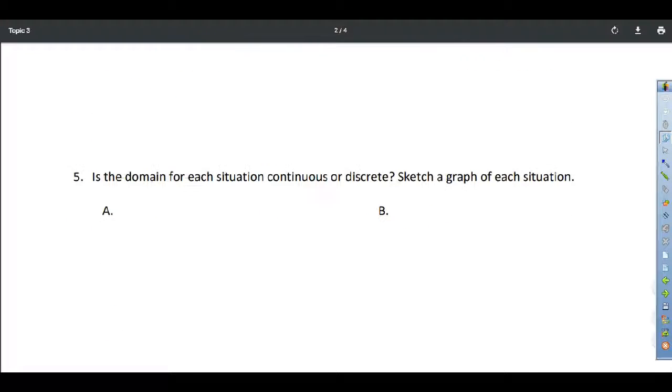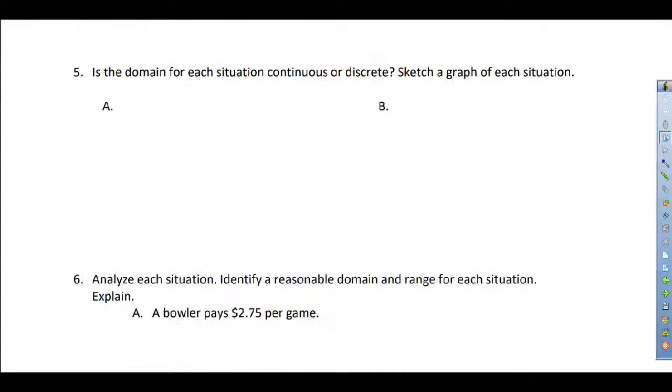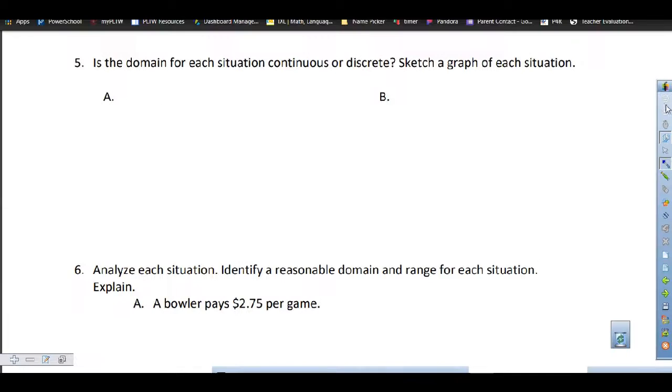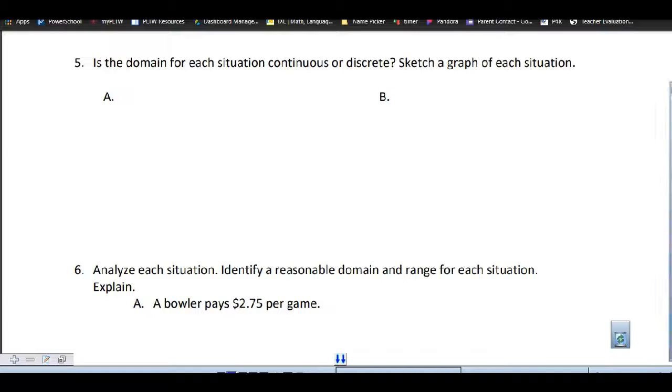Okay, let's take a look at another example here in number 5. So again, this is off of the prior problems. We're asked to identify whether or not this is continuous or discrete and sketch a simple picture. So I'm going to draw just an x and a y axis here.